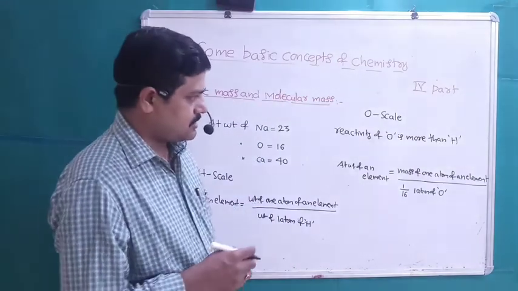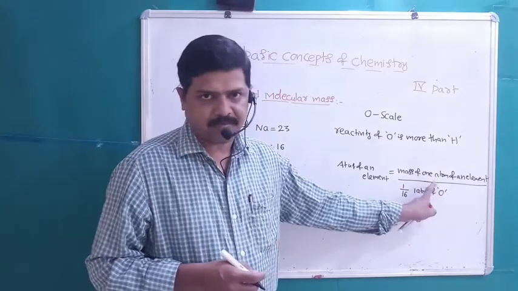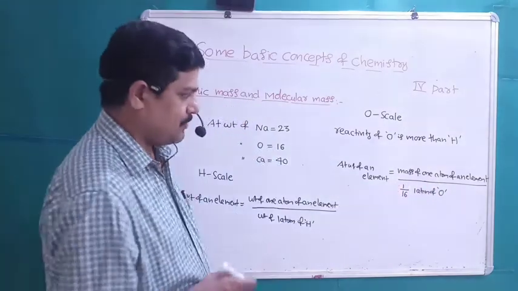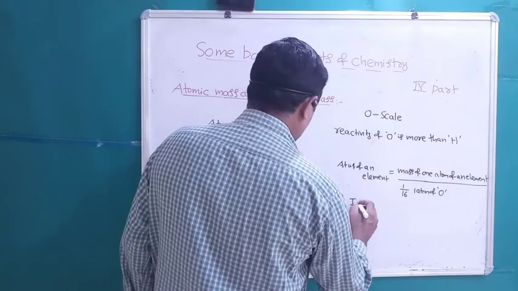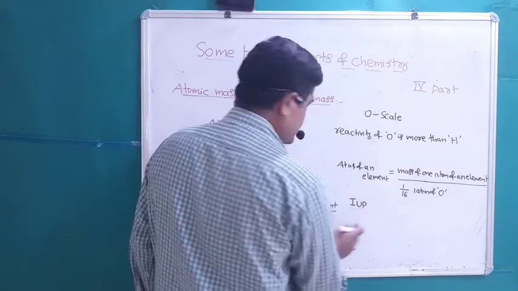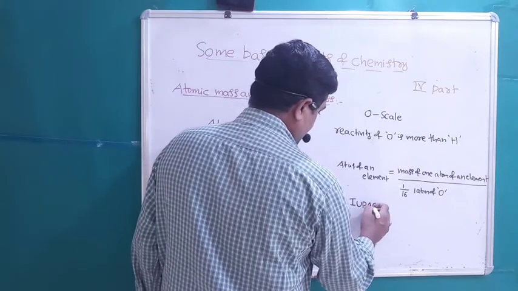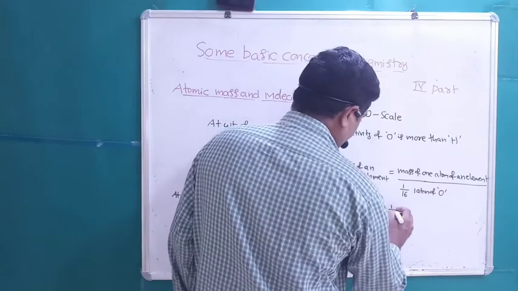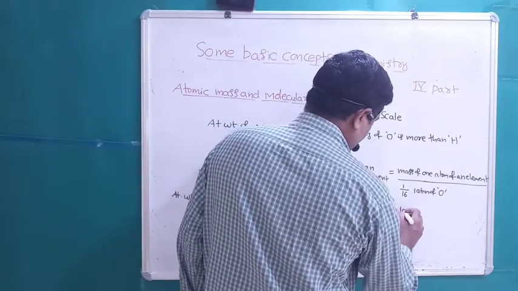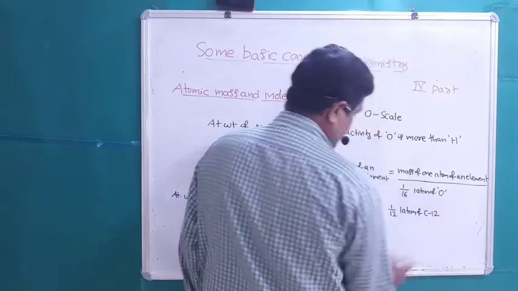Here the standard is 1/16th part of one atom of oxygen. Finally, IUPAC, the International Union of Pure and Applied Chemistry, declared that it is better to use 1/12th part of one atom of carbon-12 as a standard.